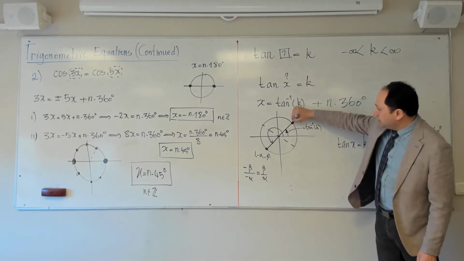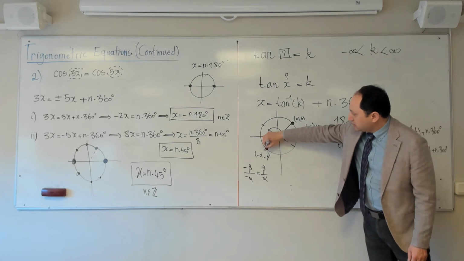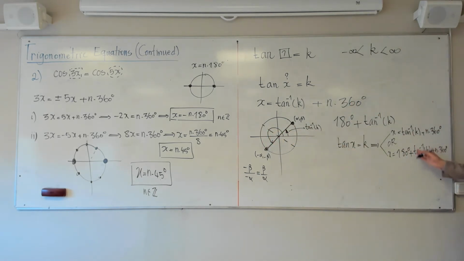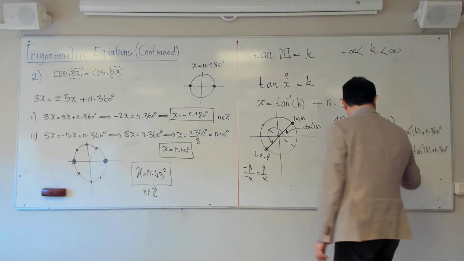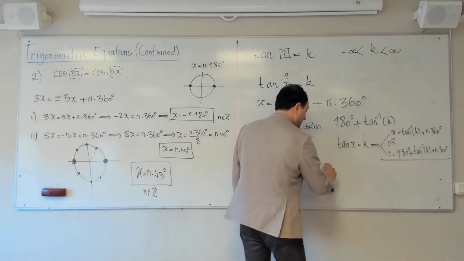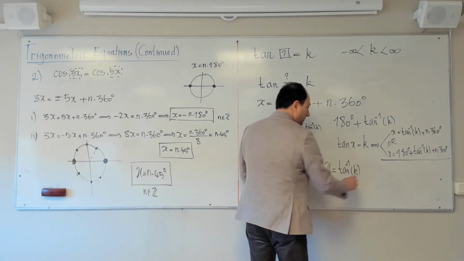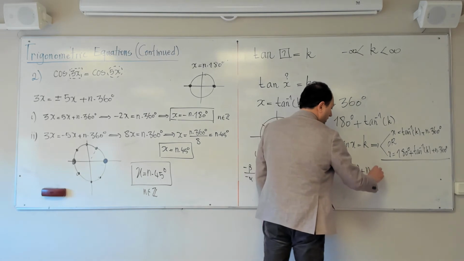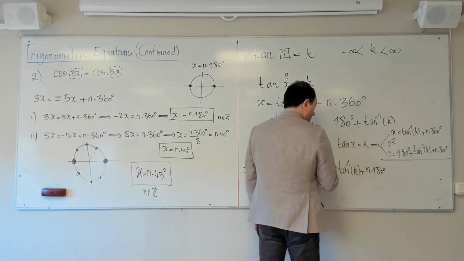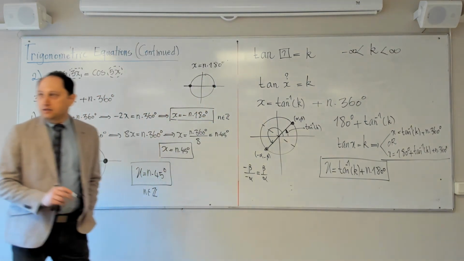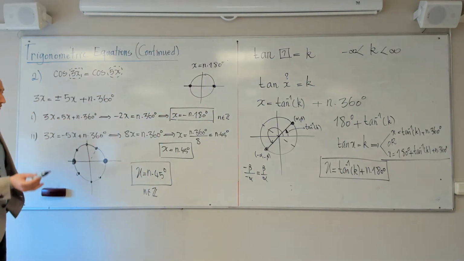So my point is to consider all angles corresponding to these two points. I can do it in two different ways, but I can do it just in one way. So if you combine these two, the answer would be tangent inverse of k plus n times 180, so this is combined into one single formula. Is that understandable? So this is the end of this story actually.